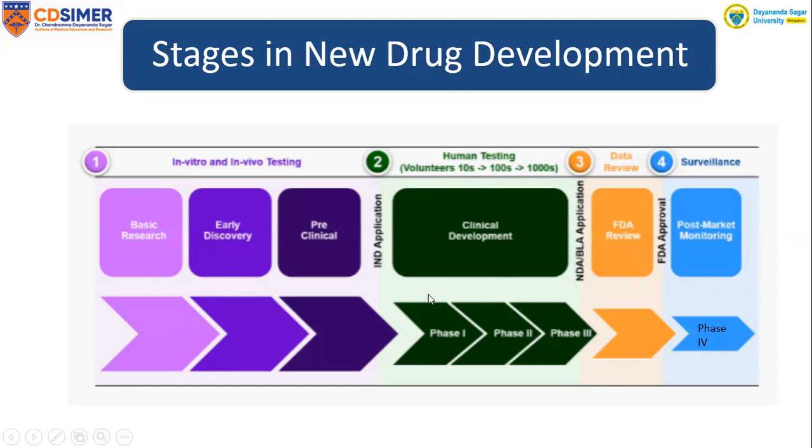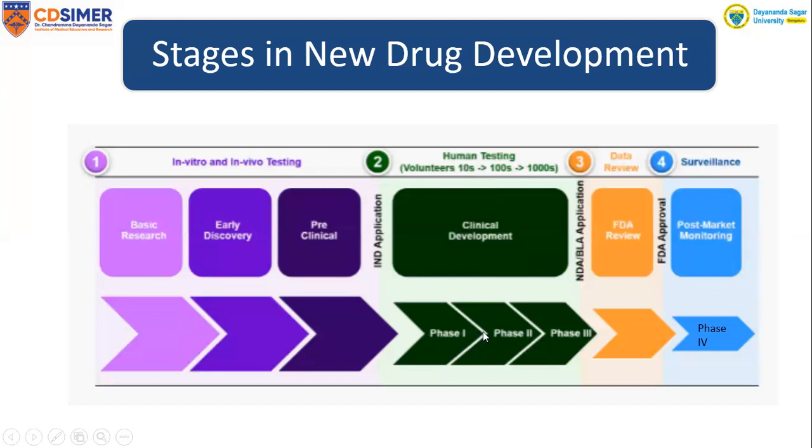Generally, healthy volunteers are considered for evaluation in phase 1. It can start from 1 or 2 volunteers, and then you can increase to 10, 15, 20, then 40, up to 100 healthy volunteers we can consider in the phase 1 trials.